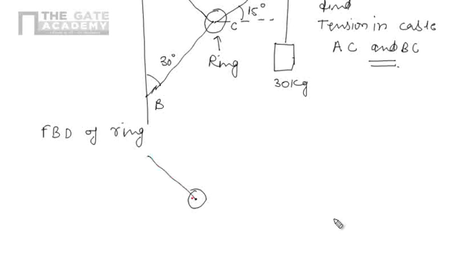If we draw the free body diagram for this ring, suppose this point is O, here we have point A, here point B, and similarly here point D. We know this angle is 15 degree, and this is 45 degree, so this angle will be 45.